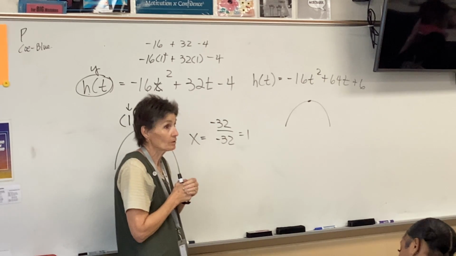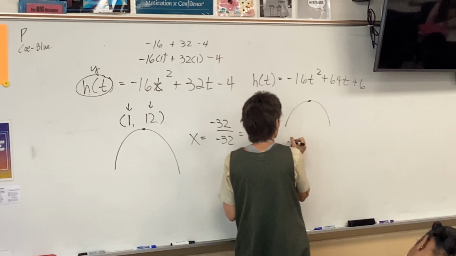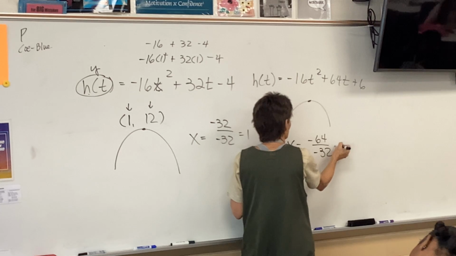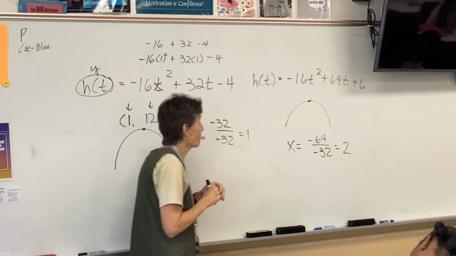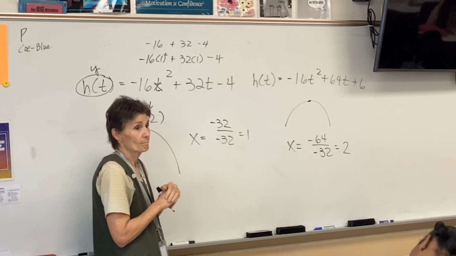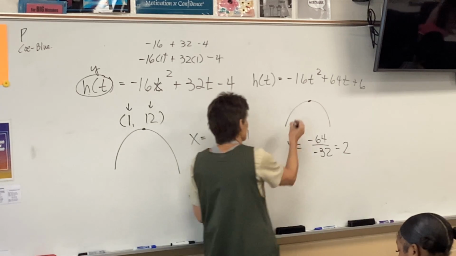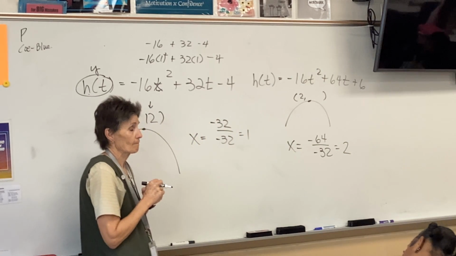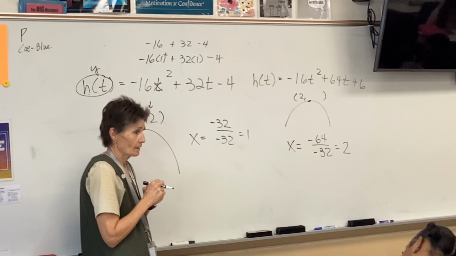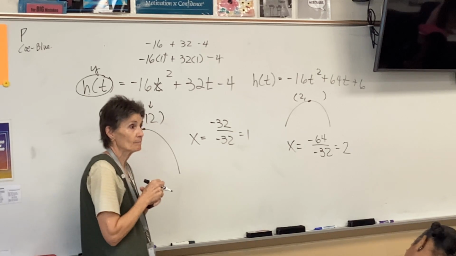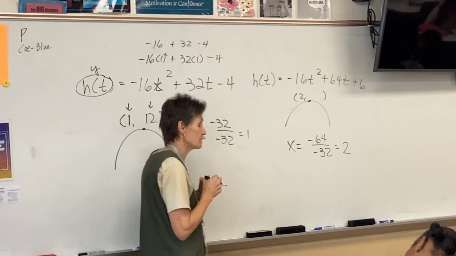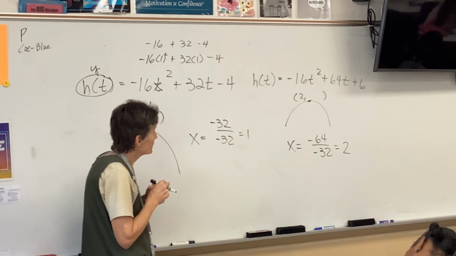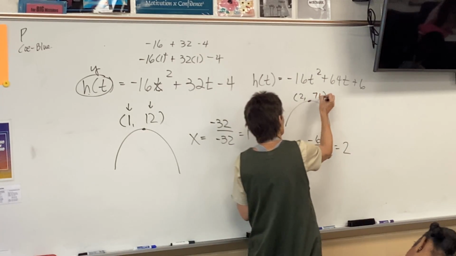Negative b over 2a. So negative 64 over 2a, negative 32. This time I got 2. So this is 2 comma something. And how do I find the something? Plug it back in. So right now, I want everybody to plug it in. Some of you just sit there and wait for me to do it. Go ahead and plug it in. I'll tell you that I got 70.